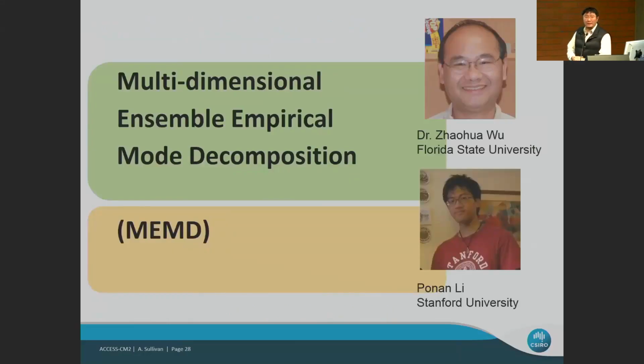Okay. What I'm going to talk about today is, last time we talked about one dimension, but this time we talk about multi-dimension. That was from Zhaohua Wu, who invented this method, and Ho and Lee applied that equation into the MATLAB script.